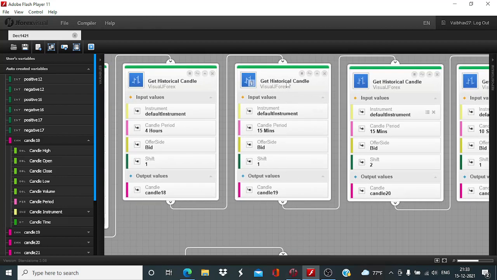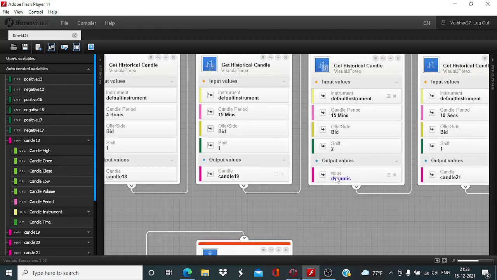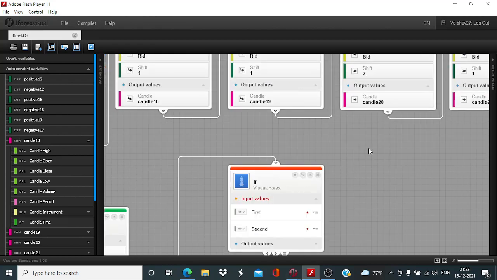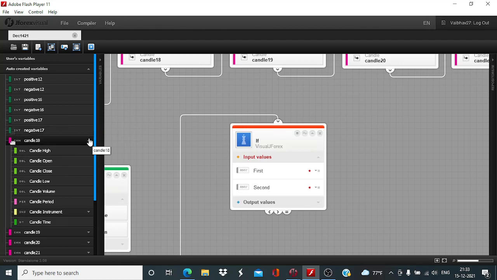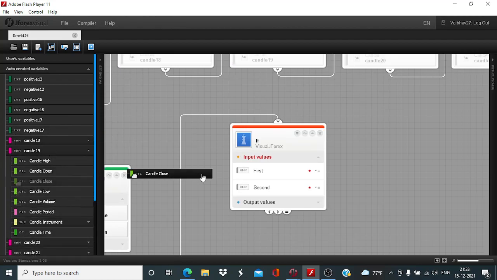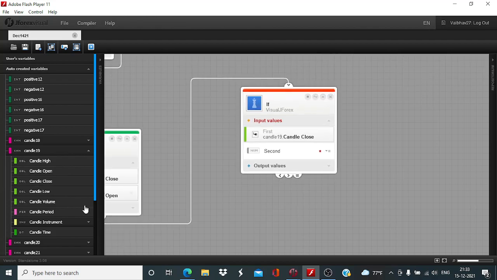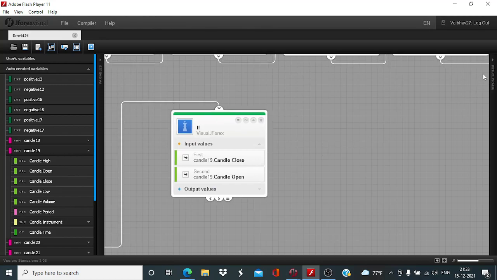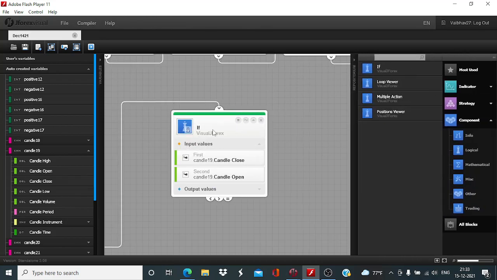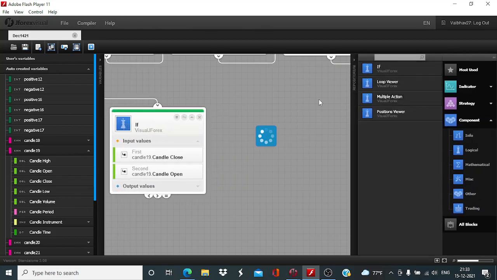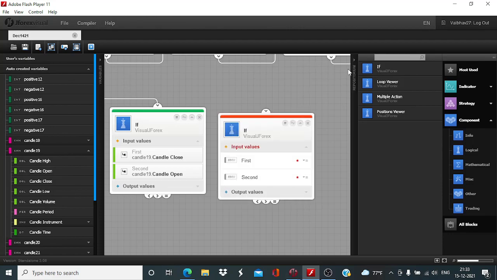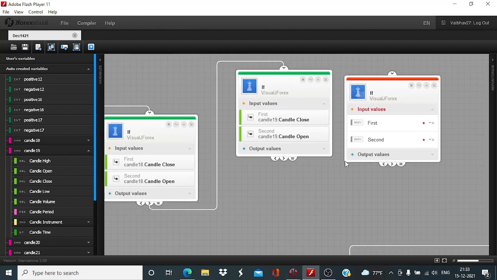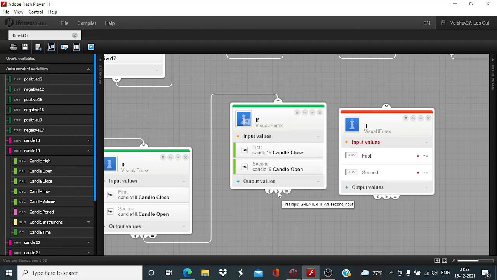And same thing we will have to do with these two 15-minute candles also, candle 19 and candle 20. So we take candle 19 candle close and compare it to candle 19 candle open. Here also the requirement is going to be the same. First input greater than second input.